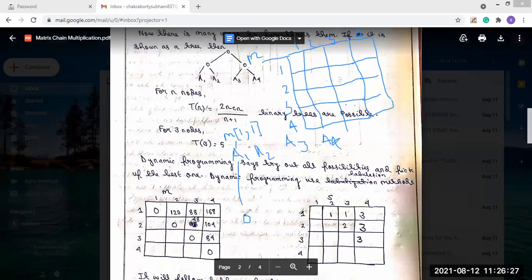If we do not multiply it with anything, the cost becomes 0 here. So that's why we have put the value 0 in M11. In the same case, if we consider A2 alone, then the A2 value will also be 0, and it will be present in M22.